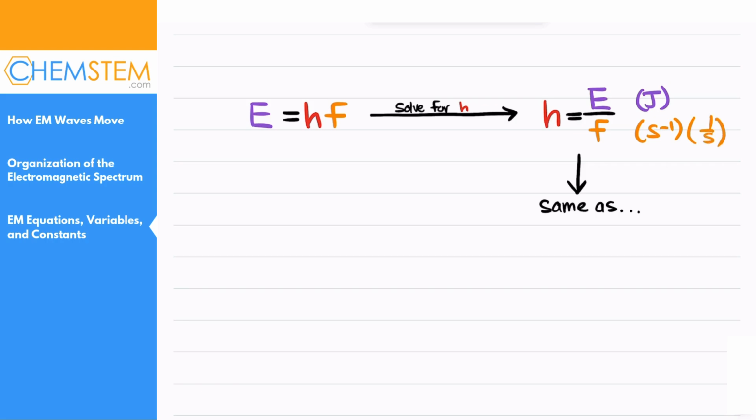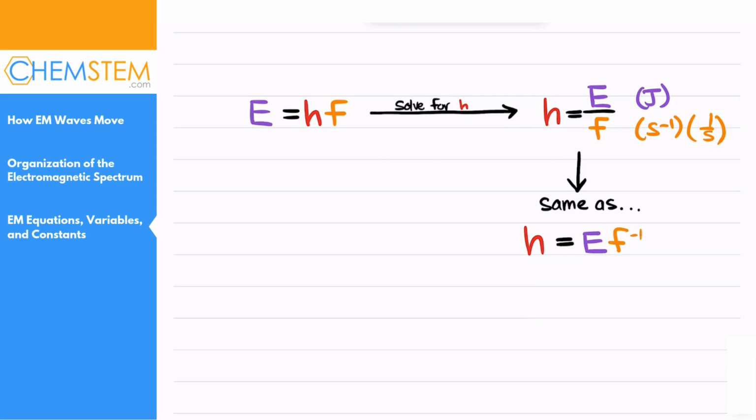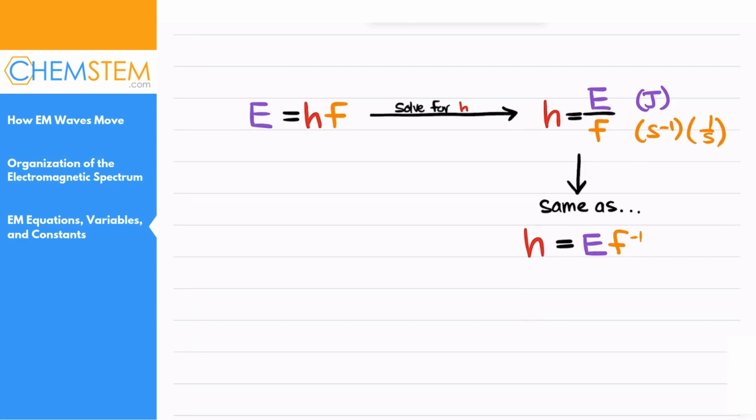So if we take that equation for Planck's constant, h, and rearrange it just a little bit, we get E equals h times f to the negative 1. Now, if we take the units, we have a joule, and then frequency we know is s to the negative 1, but we also invert it again, we just bring it right back upstairs, and it's s. And that explains why Planck's constant has units of joule seconds.